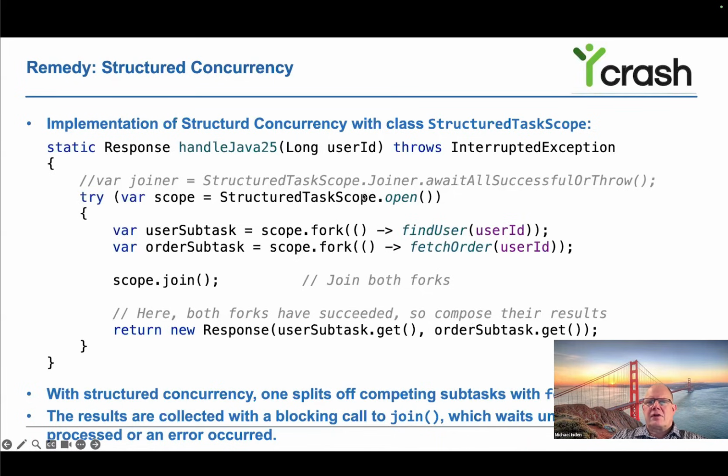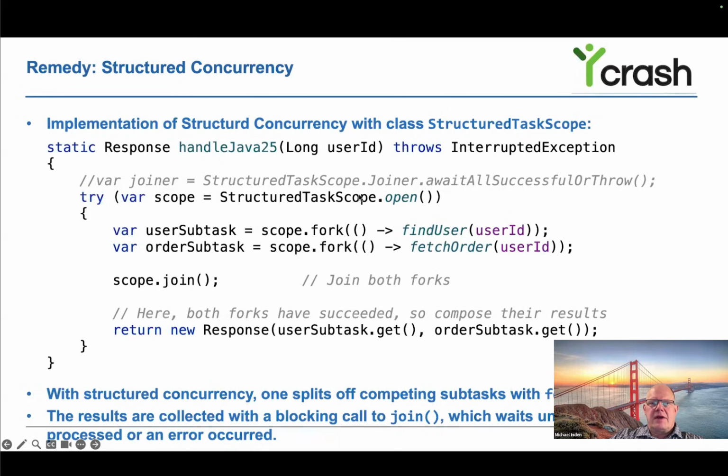The structured task scope knows about the threads it started, and if one of those raises an exception, the other one gets interrupted. So now we benefit from performing things in parallel and having an easier to follow mental model. So we are sure these threads are done here.